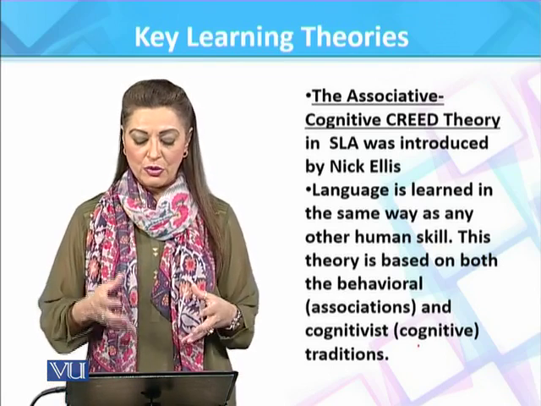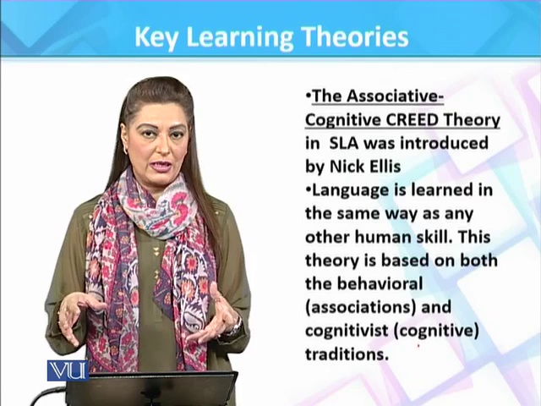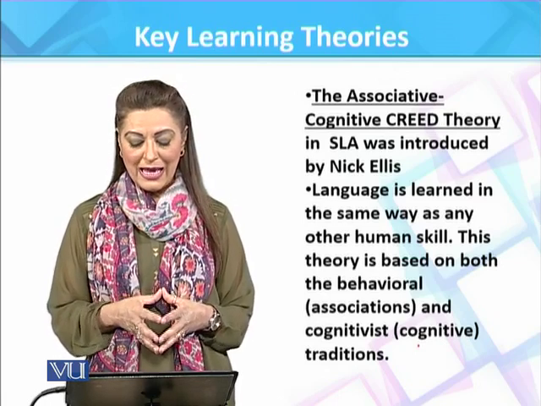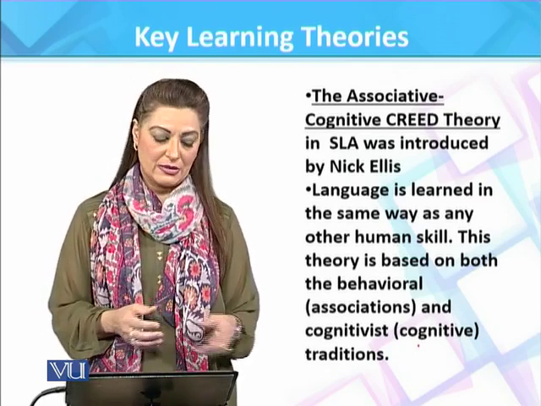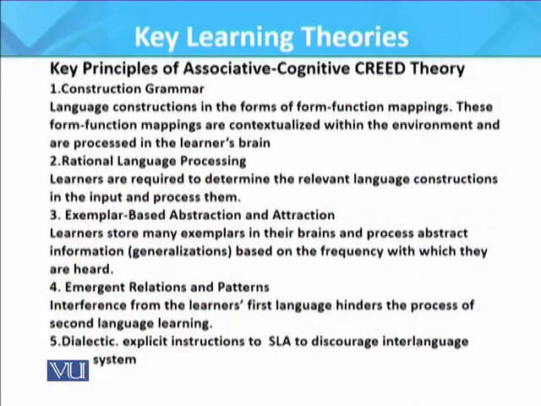This theory is based on both the behavioral tradition, which is specific to associations, and the cognitivist tradition. The key principles of associative cognitive creed theory are construction grammar, relational language processing, exemplar-based abstraction and attraction, emergent relations and patterns, and the fifth principle is dialectic.